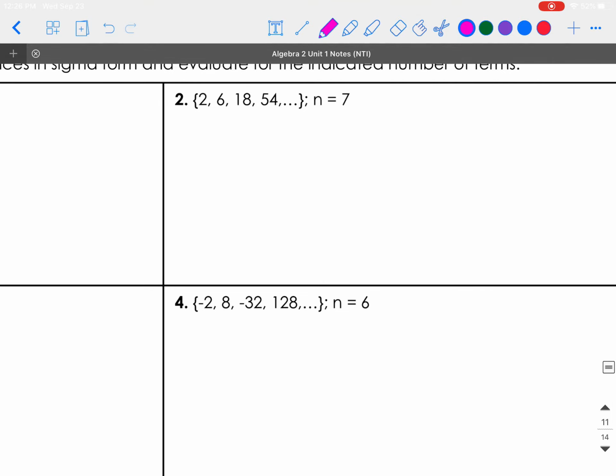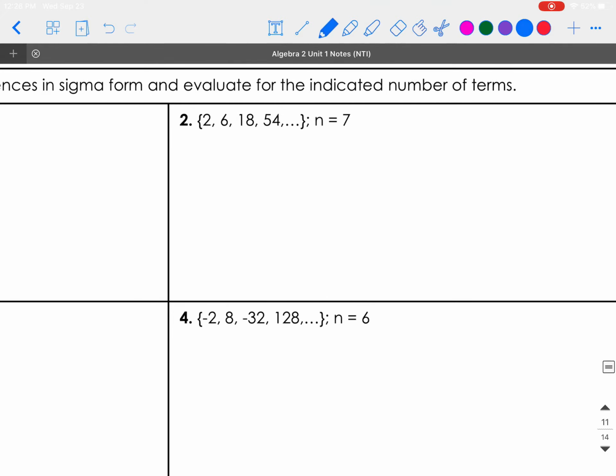Number 3. So we're evaluating a series, so we're finding the sum of the first 7 numbers. So we're going to use sigma. N equals 1 on the bottom. 7 goes up top. And then we write our formula on the side.